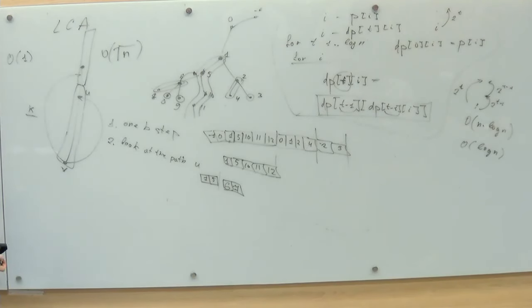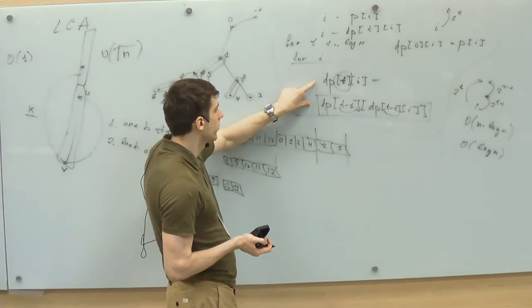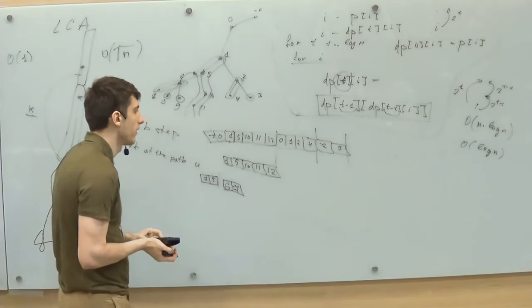So this approach provides us to find the ancestor of the required distance in constant time, but we still have to preprocess all the binary steps, which is n log n.